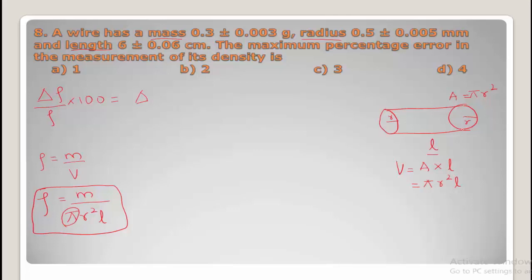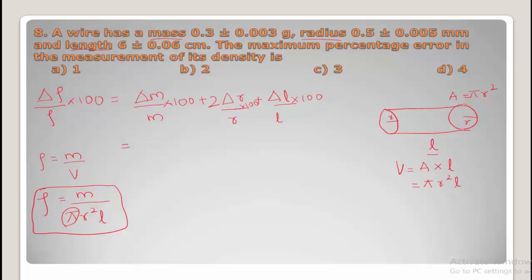Mass means delta m by m into 100 plus r square L. So for this 2 delta r divided by r plus L means delta L divided by L into 100, because the given values are in percentage error. So the formula for percentage error in density is delta rho by rho into 100 becomes delta m by m into 100 plus 2 into delta r by r into 100, plus length delta L by L into 100.